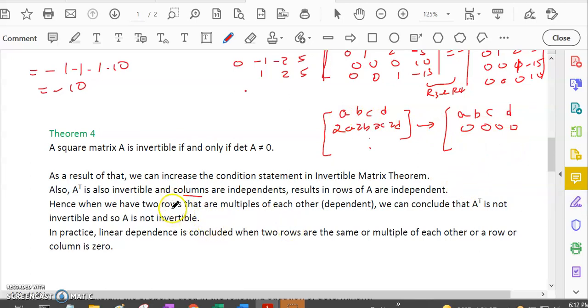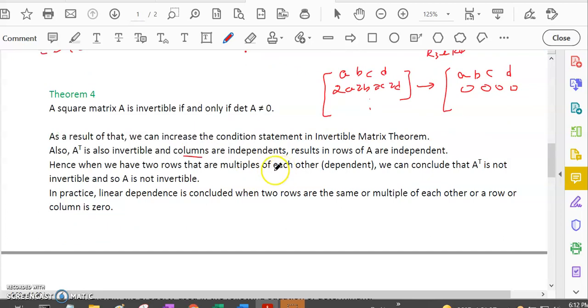Another thing you can see when doing row operations to find the determinant: if you see multiples of rows that are dependent on each other, that means they are singular, they are not invertible. So seeing multiple rows, other than seeing multiple columns, which is supported by the invertible matrix theorem, also tells us if a matrix is invertible.